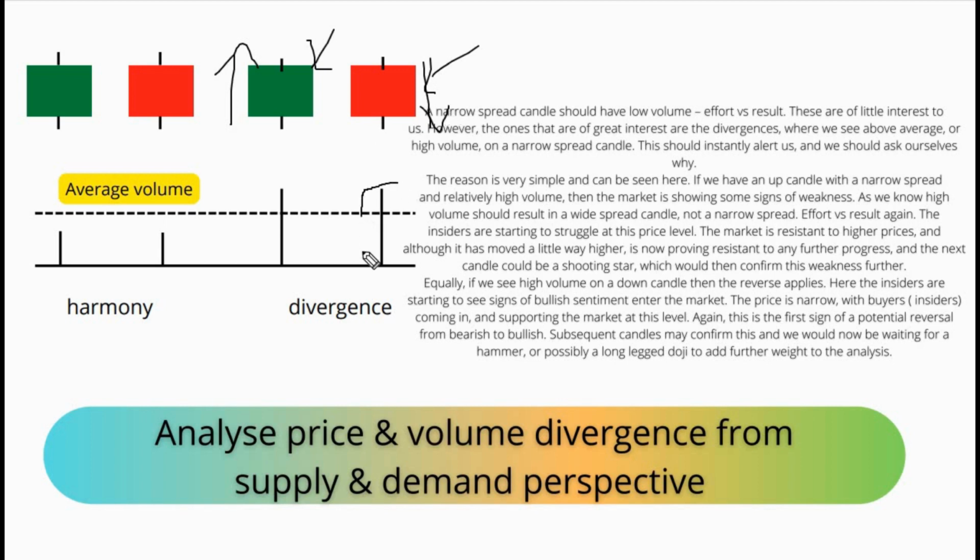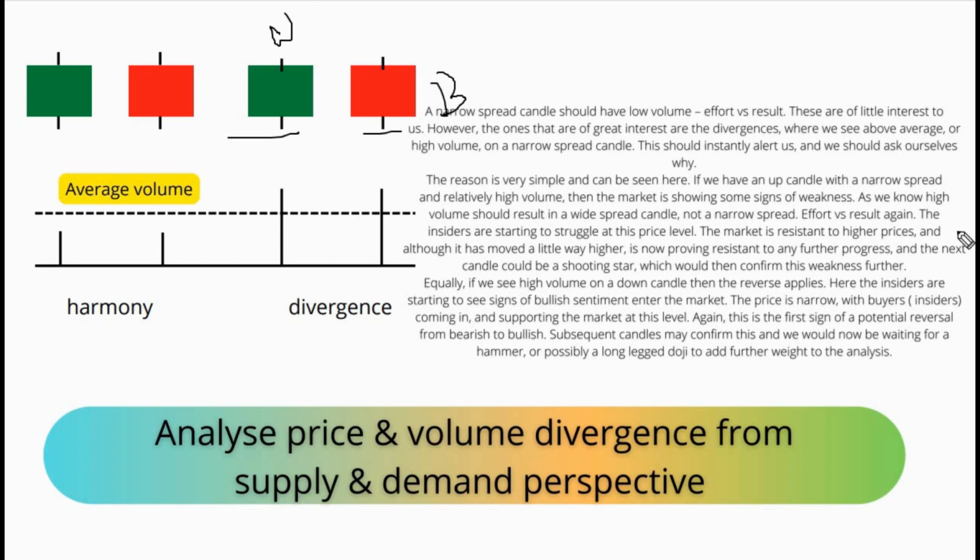Otherwise, if this was all buying pressure and this was all selling pressure, prices should have formed a very huge spread candle. Here, a huge spread upside candle, but prices are holding at these areas. So this is indicating that there is a sign of weakness here and there is a sign of bullishness here.